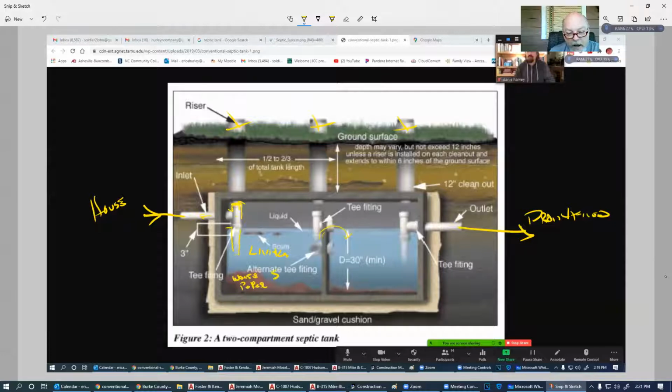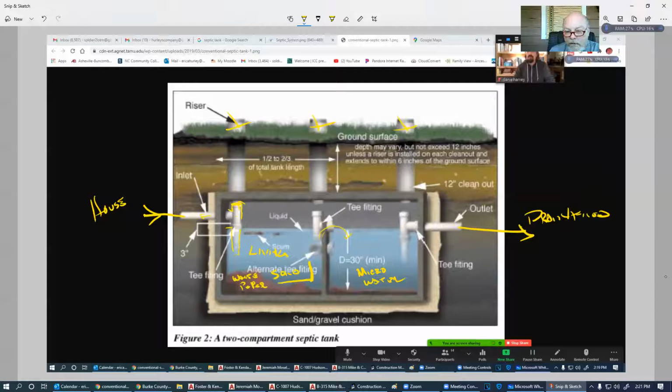So hopefully we keep all of our solid stuff on this side. Okay. This is all our solid stuff. Over here, we have our micro stuff and water. That's all we want at this point.